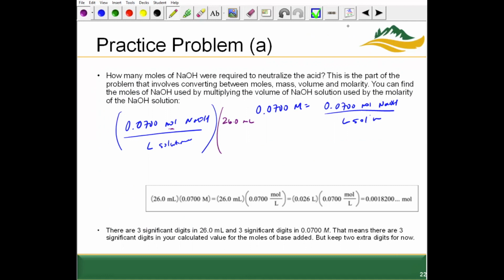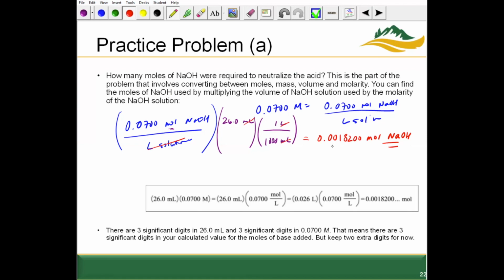So now to get moles of base, we're still not there for canceling out the volume because this is milliliters, that's liters. So for every 1,000 mL per 1 liter, leading to liters canceling out, mL and mL. This gives us 0.00182 moles of NaOH.